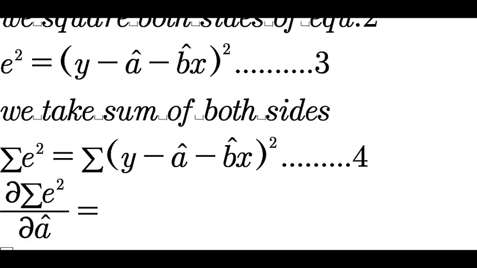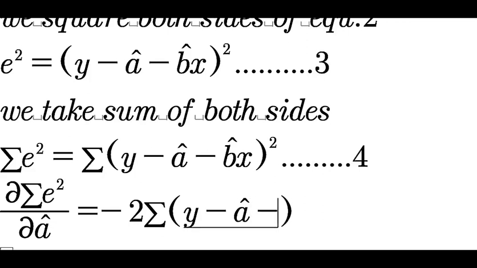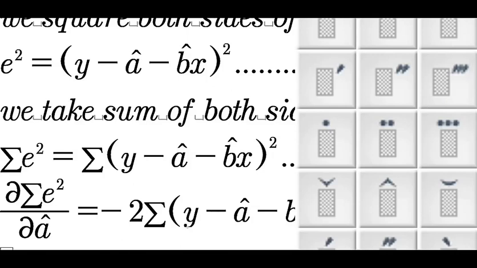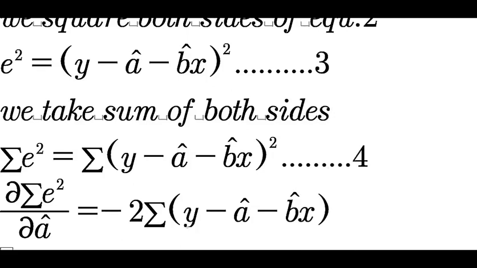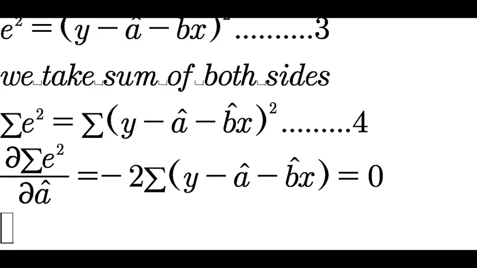Now doing the derivative, we shall have -2 summation (y minus a hat minus b hat x) equal to 0.